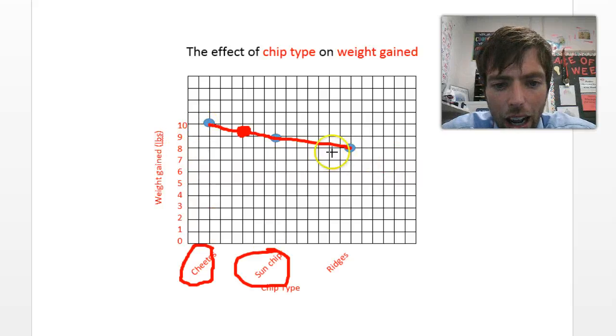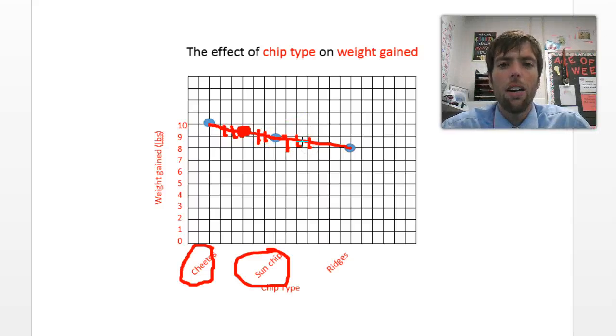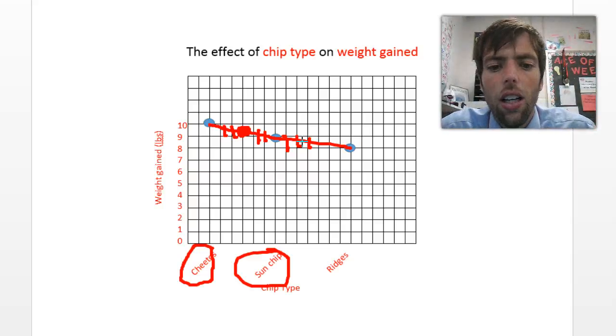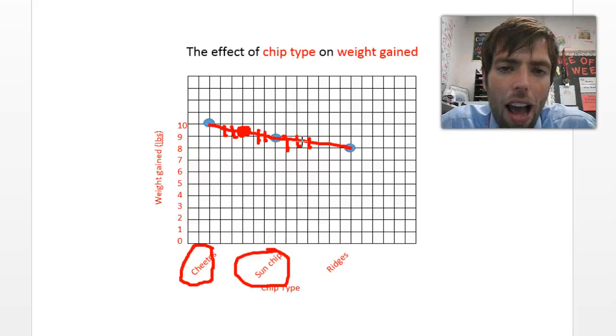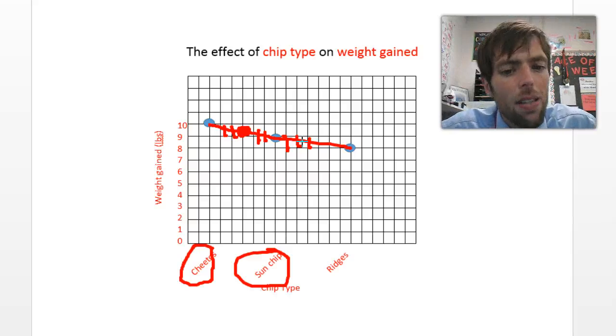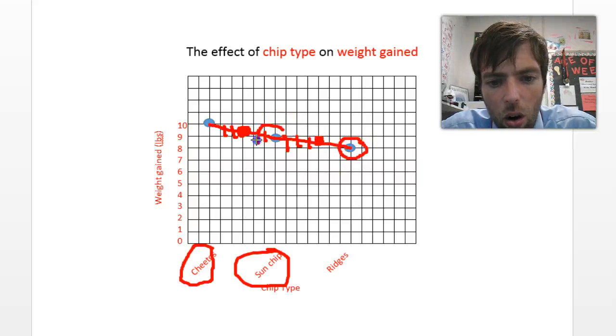But your line graph says you could eat something here or here or here or here. That's what a line graph is about. It's about anywhere along those points, data could fall. So it doesn't make sense to graph chips and pounds in line graph form because this isn't a possibility. It's either Ridges or Sun Chips or Cheetos.